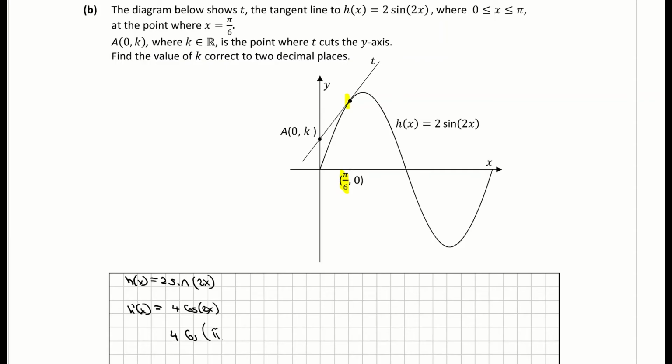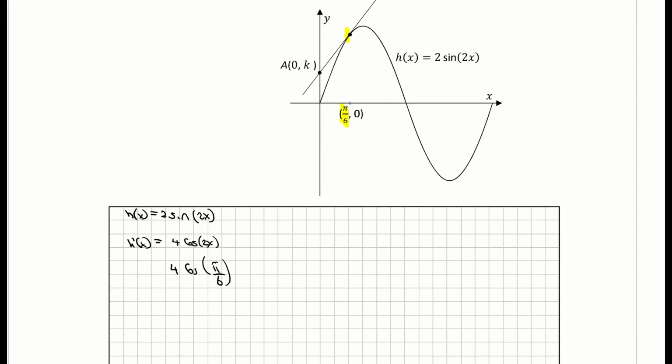Don't forget this 2 here. And when I do that out of my calculator, I get a slope of 2. So again, don't forget, when you differentiate, you're finding the slope. So the slope at that particular point here is 2. So the slope of that tangent is 2.